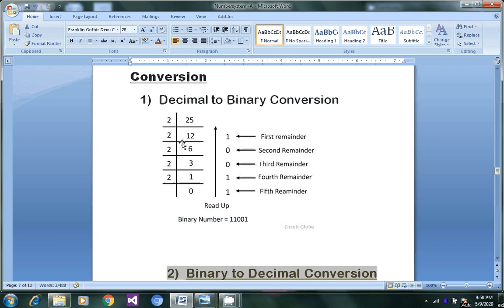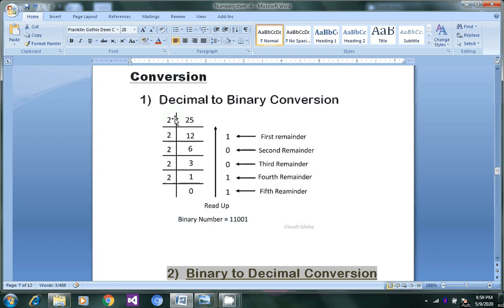All of you see this example here. The given number is 25. The first step is to divide the given number, 25, by 2.